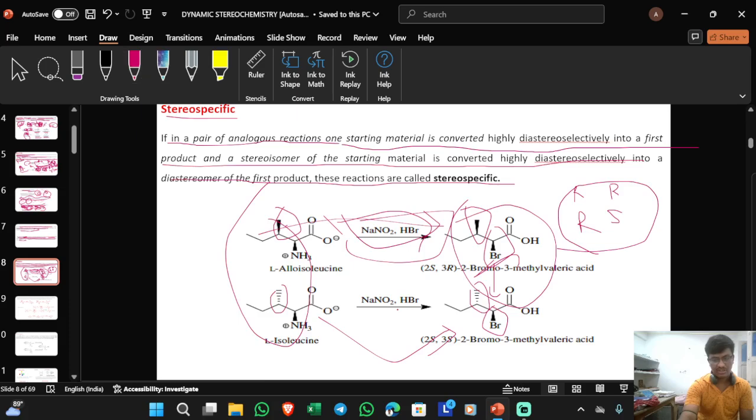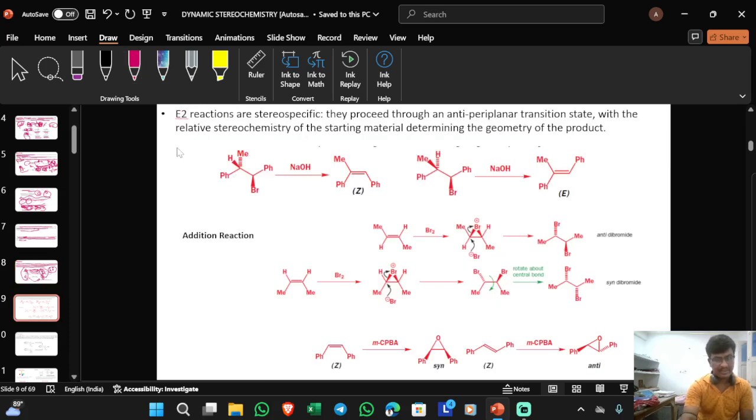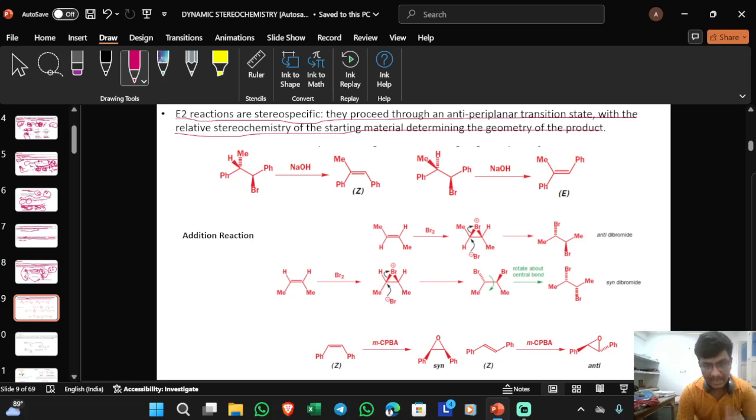Now next example. Read another example in the book, then you will understand the E2 reaction is stereospecific. These products come from an anti-periplanar transition state, with the stereochemistry of the starting material and the geometry of the product.